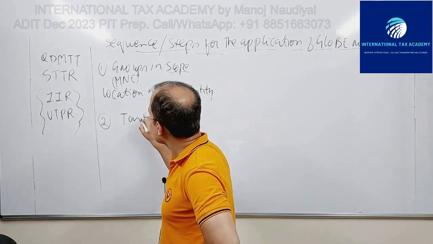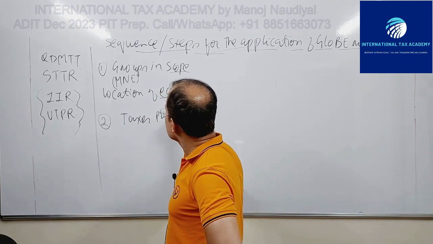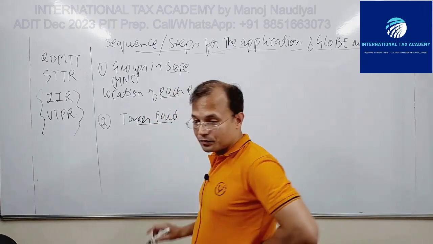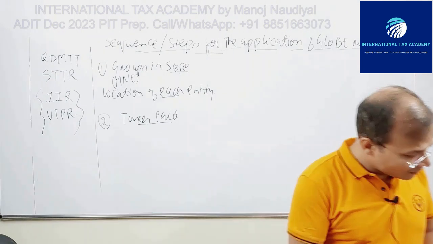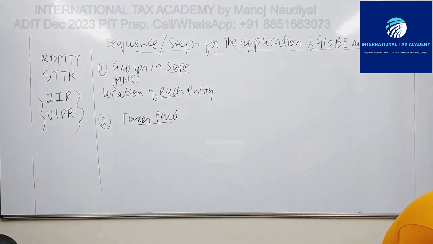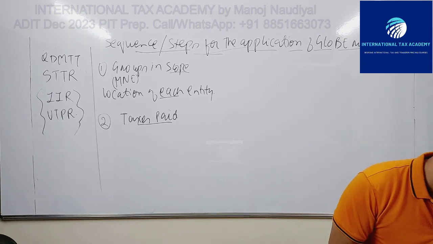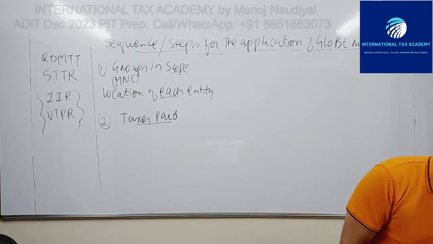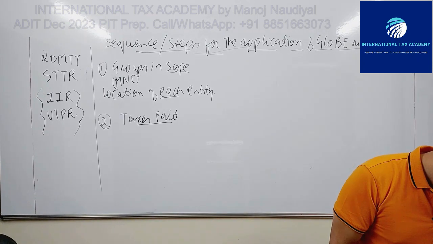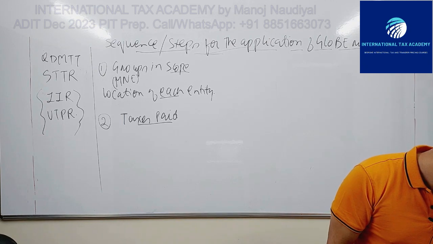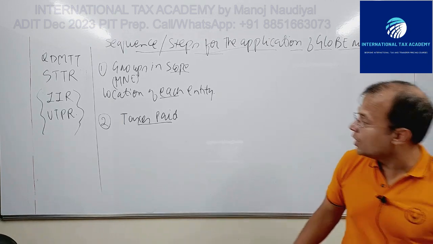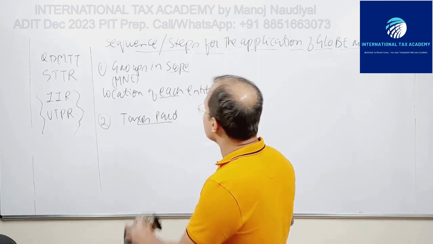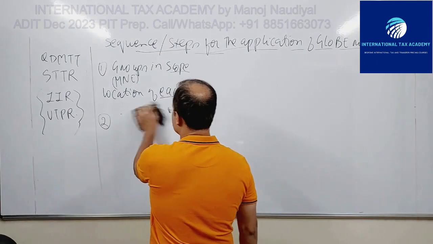Number two. Second is income. Taxes paid would be the third step.